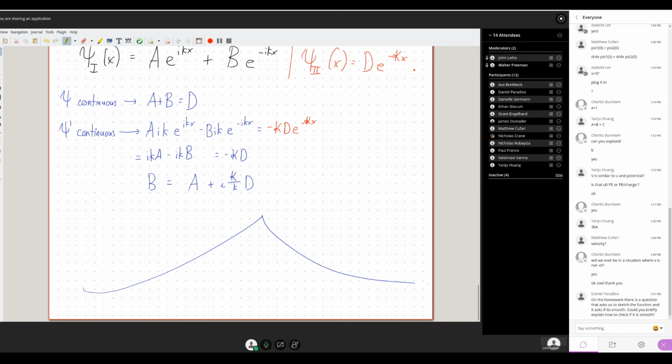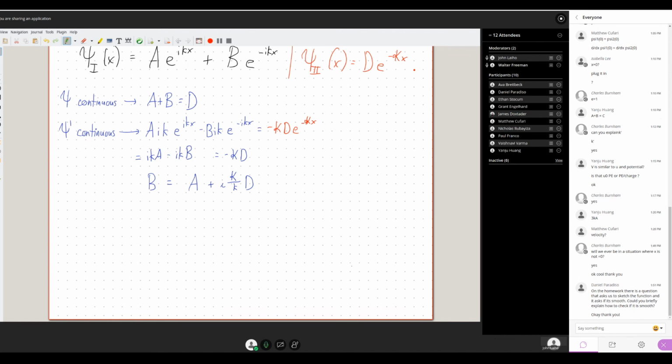It has a cusp there. If you want to check if its functional form is smooth, then take its first derivative and see if that first derivative is continuous. Does that answer your question? Sure.